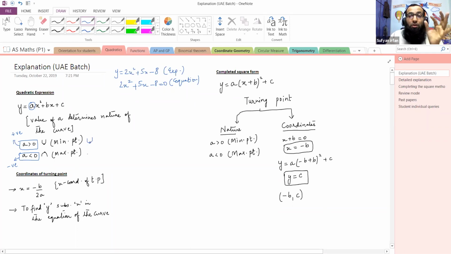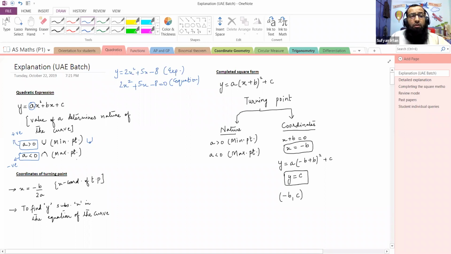So happy face is made and there would be a minimum point.